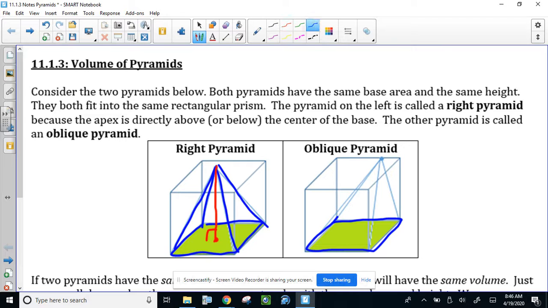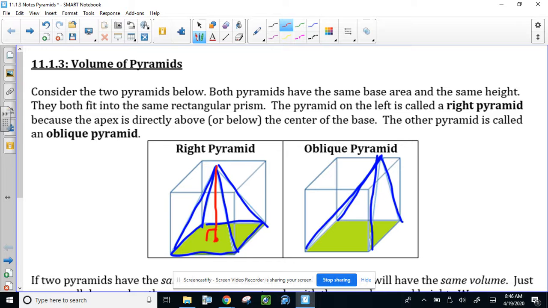The other pyramid we have here is called an oblique pyramid. And that is because, wow, I did a really bad job tracing those lines out. Let's try that again. That's because the apex, or the top of it, is not directly in line with the center of the base.